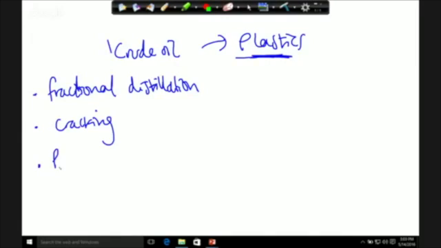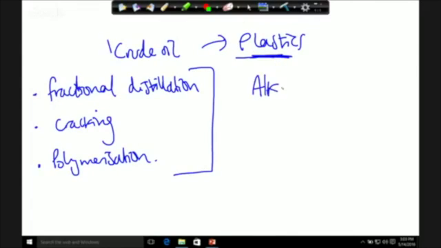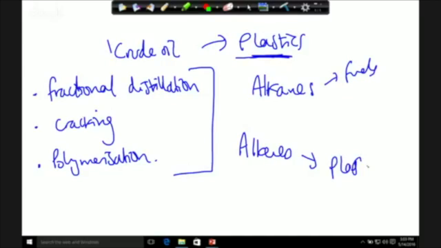And then we talked about polymerization. So a massive number of processes to go through to turn crude oil into plastics. And just remember that alkanes are useful fuels, and it's the alkenes that go on to make the plastics or the polymers.